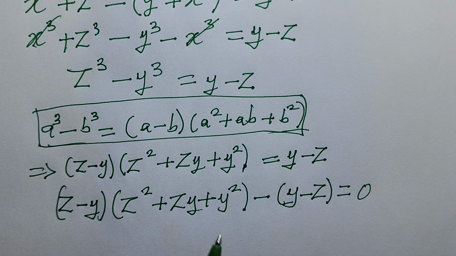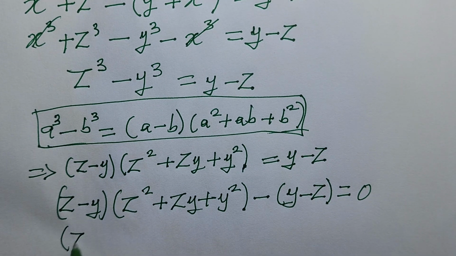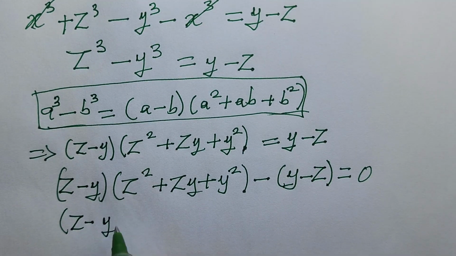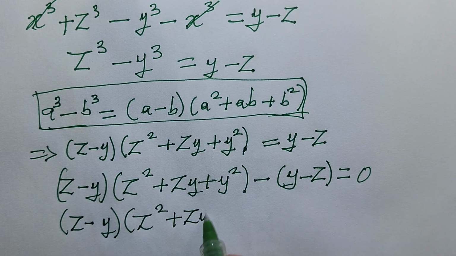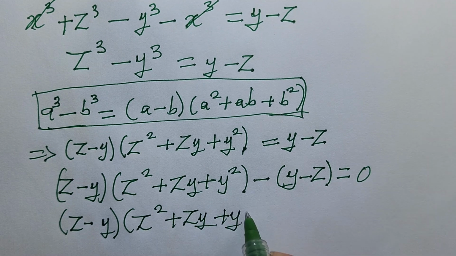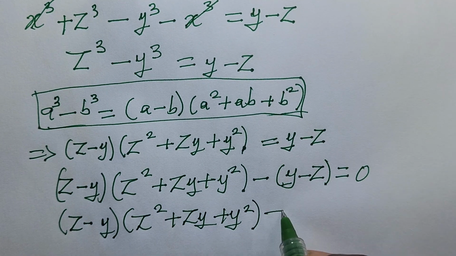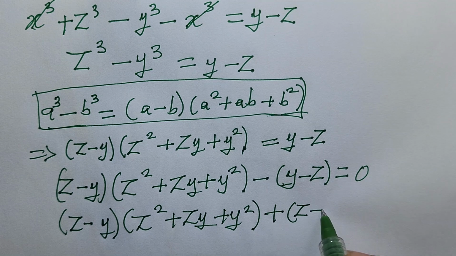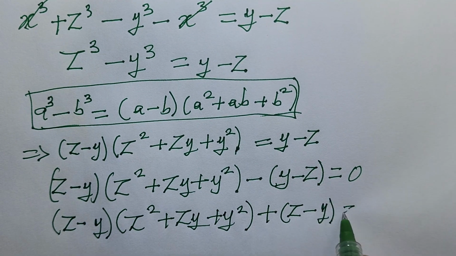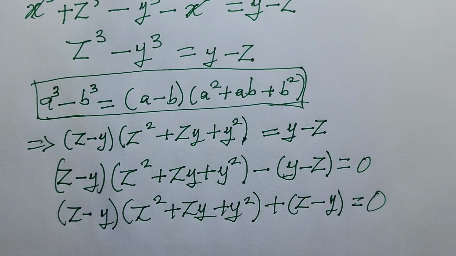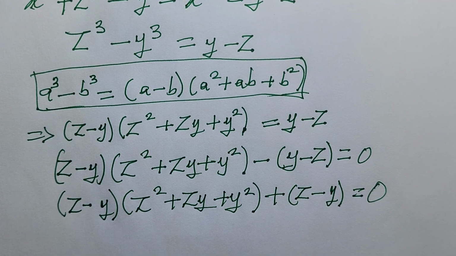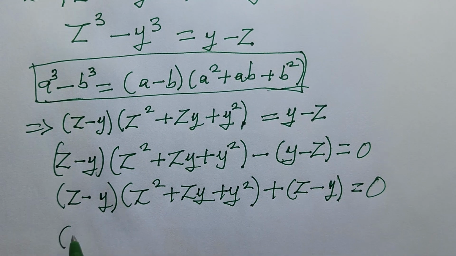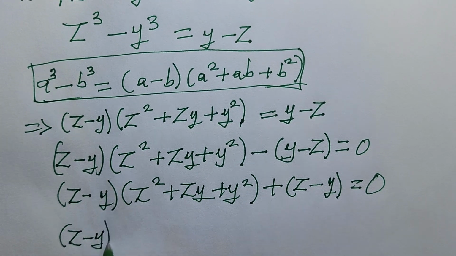The essence of rearranging this is because of what we have here, we want to bring it out from here. So this is going to give us bracket z minus y, times bracket z to the power of 2 plus zy plus y squared close bracket, plus bracket z minus y close bracket equal to 0. So you now have this and this. So let's factor this out from the system here. So we're going to have bracket z minus y close bracket.